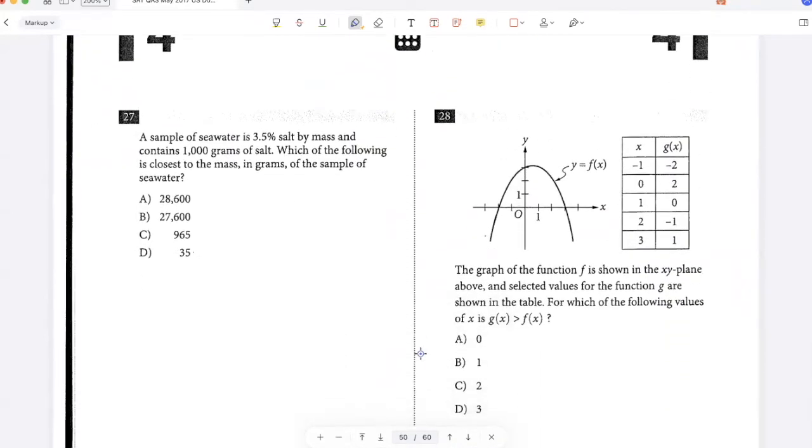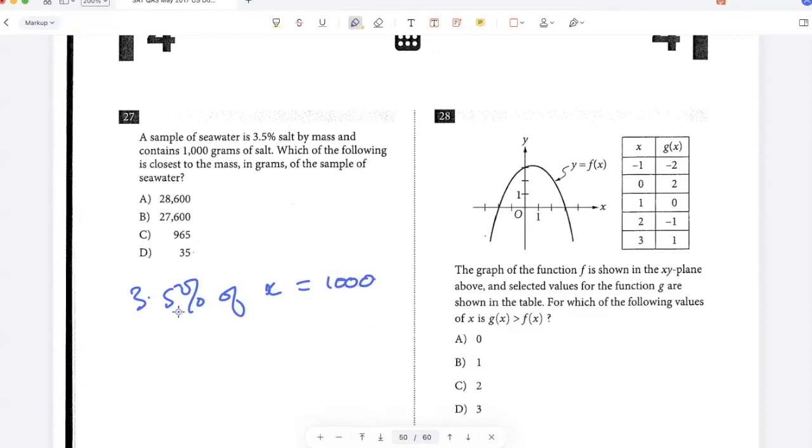A sample of seawater is 3.5% salt by mass and contains 1000 grams of salt. Which one of the following is the mass of the sample of seawater? Okay, so 3.5% of X is 1000, right?